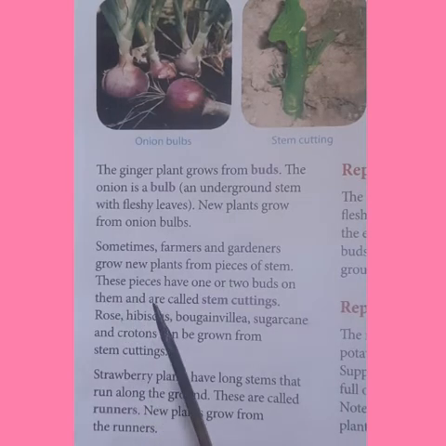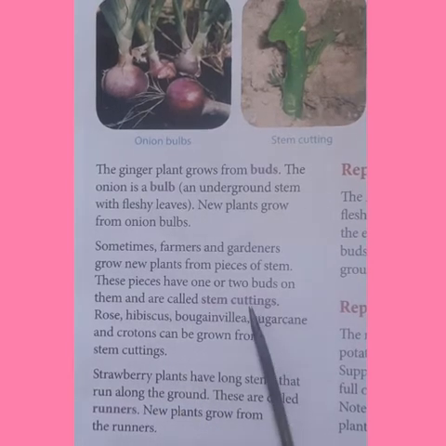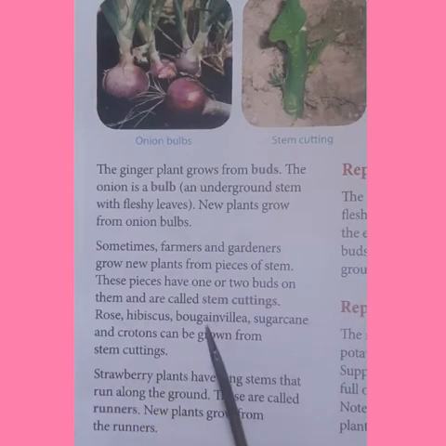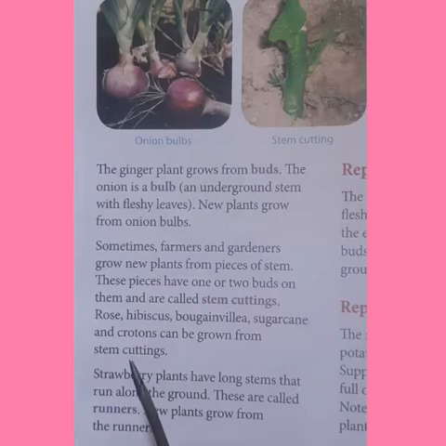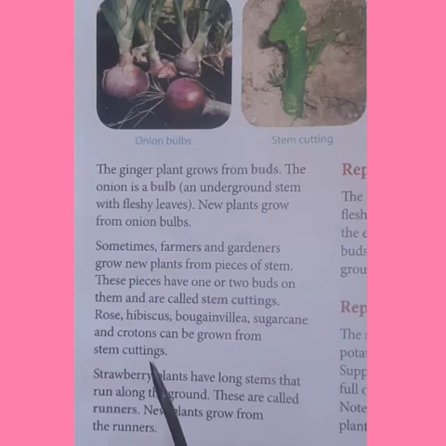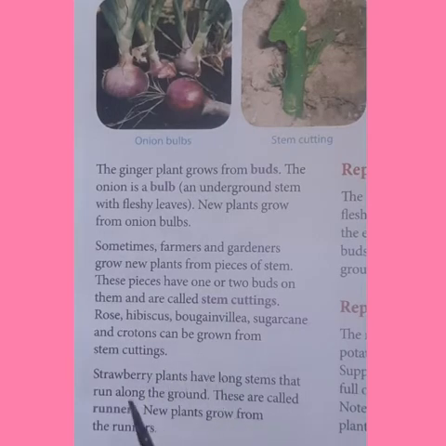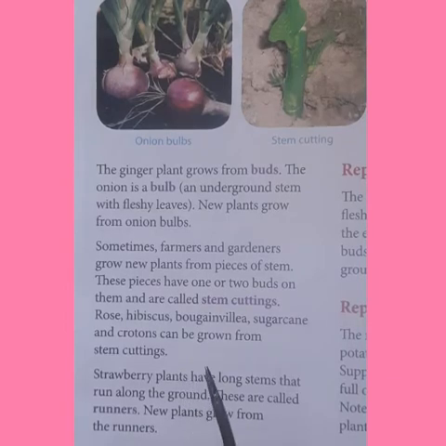These pieces with one or two buds are called stem cuttings. Usually the farmers grow rose, hibiscus, bougainvillea, sugarcane, or crotons from their stem cuttings. When we go to our relative's house, we borrow stem cuttings of rose, hibiscus or bougainvillea, isn't it, children? We bring them home and grow them into new plants.